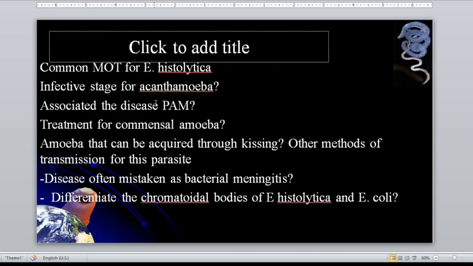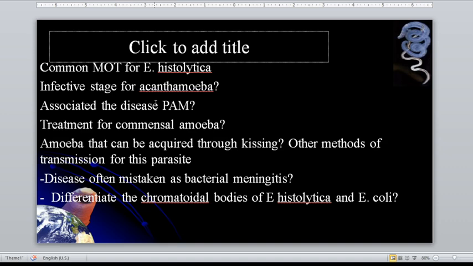Common mode of transmission for Entamoeba histolytica is the fecal-oral route, or ingestion of contaminated food and water. Infective stage of Acanthamoeba: trophozoite. Associated with the disease PAM: Naegleria fowleri. PAM for Naegleria fowleri.